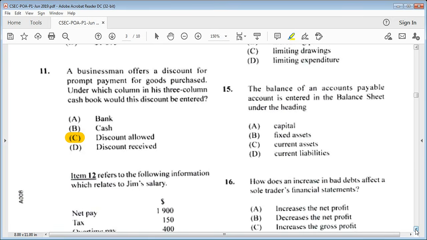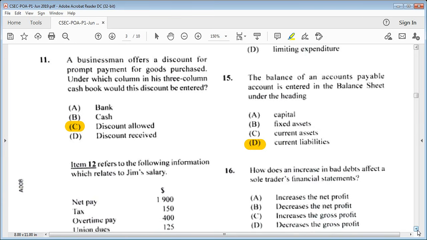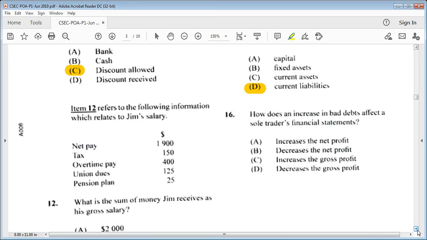15. The balance of an accounts payable account is entered in the balance sheet under the heading A, capital, B, fixed assets, C, current assets, D, current liabilities. We know it is D, current liabilities, accounts payable. Let's go into 16. How does an increase in bad debts affect a sole trader's financial statements?